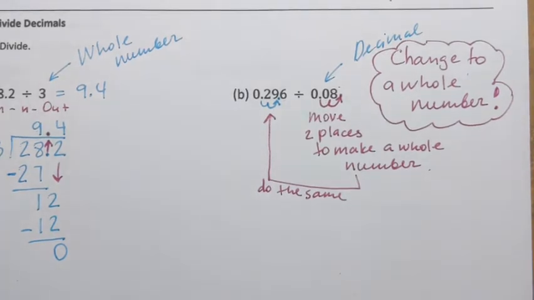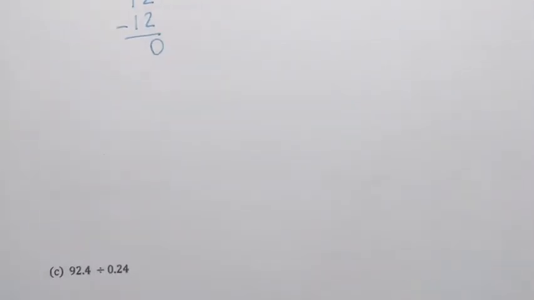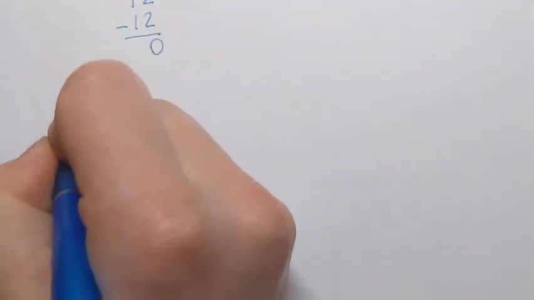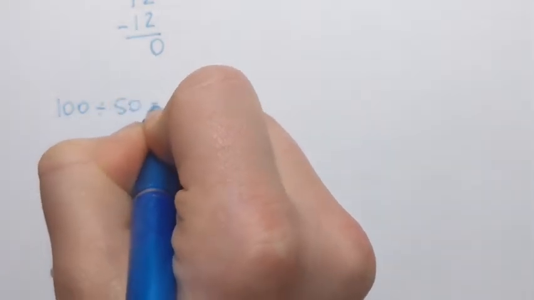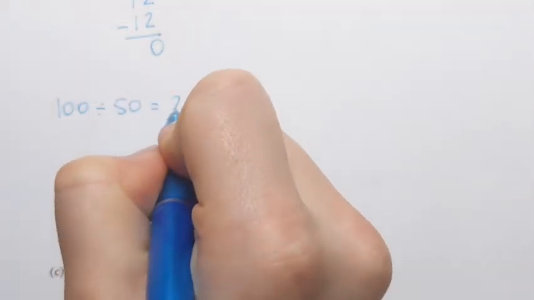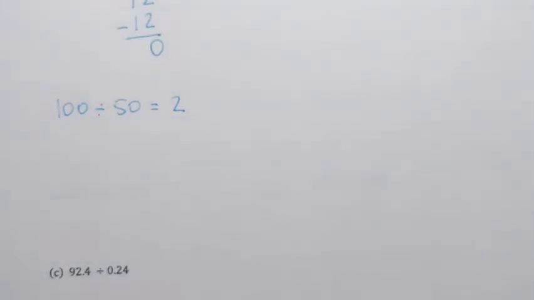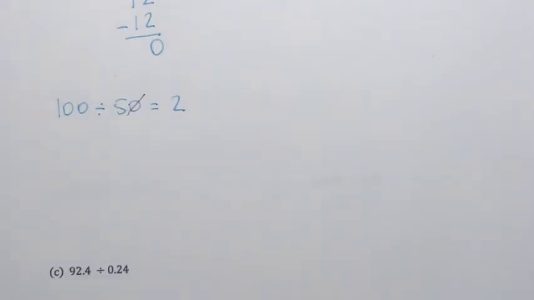What might help you to understand why it works that way is a little example, I'm going to put it in this corner. Let's say I ask you to divide 100 by 50. Well, we know that 100 divided by 50 is 2. But now what if I decide to cross out 0 in 50?